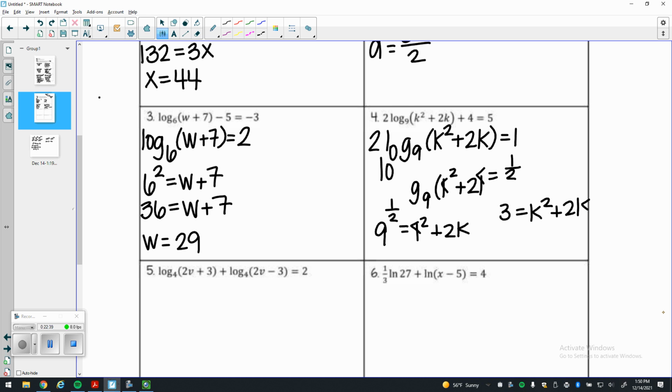Quadratic, yes? What must every quadratic equation equal? 0. This becomes 0 equals k squared plus 2k minus 3. What multiplies to negative 3 and adds to positive 2?